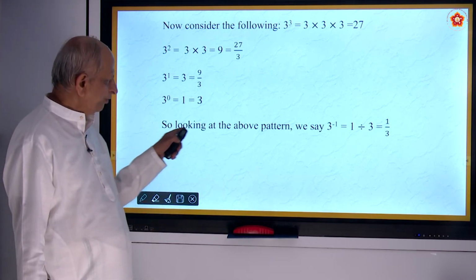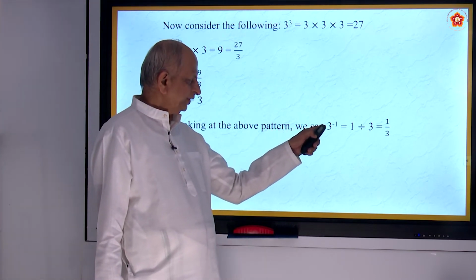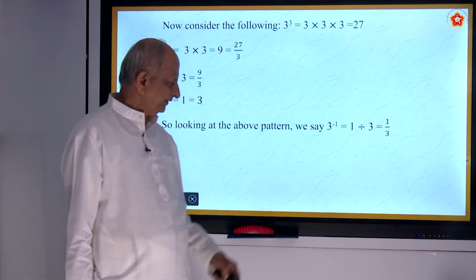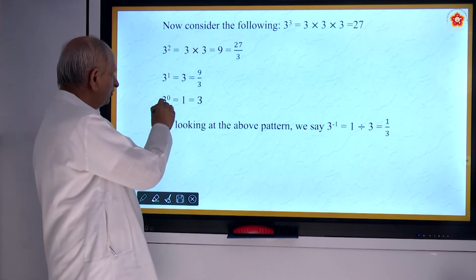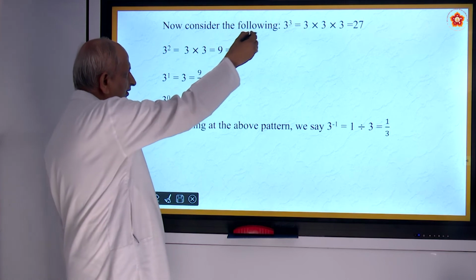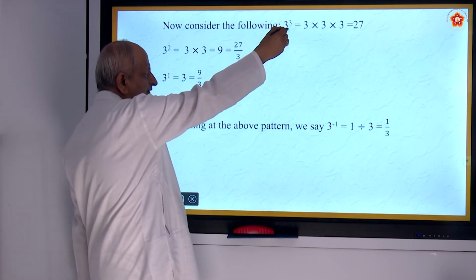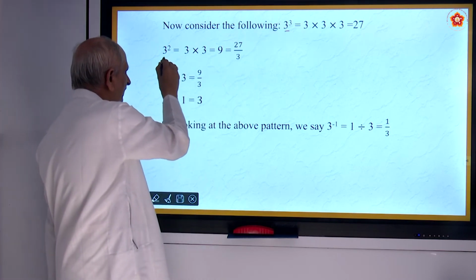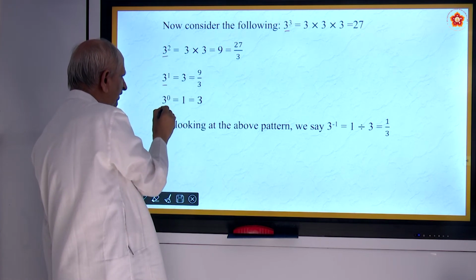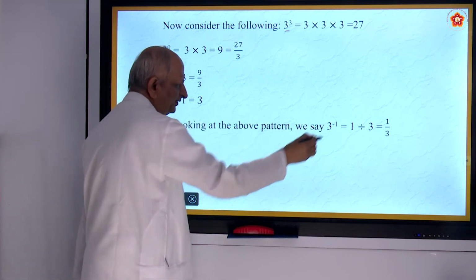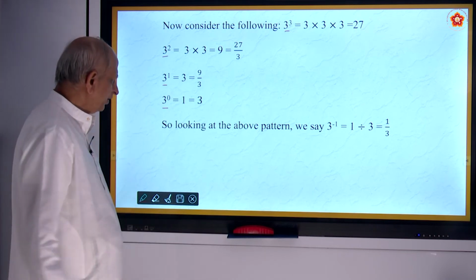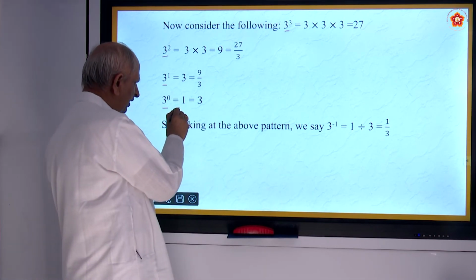So looking at the above pattern, we say 3 to the power of minus 1 means, we are reducing the powers or exponents. It was 3 here, it became 2 here, 1 here, 0 here, minus 1 here. How do you get minus 1?